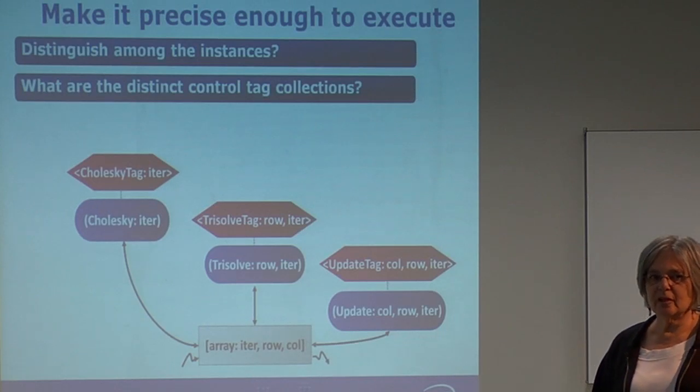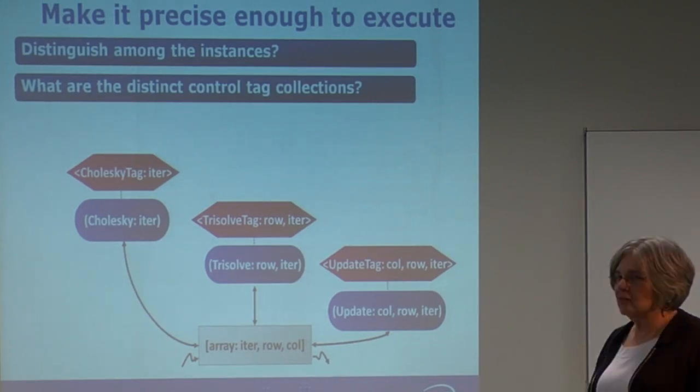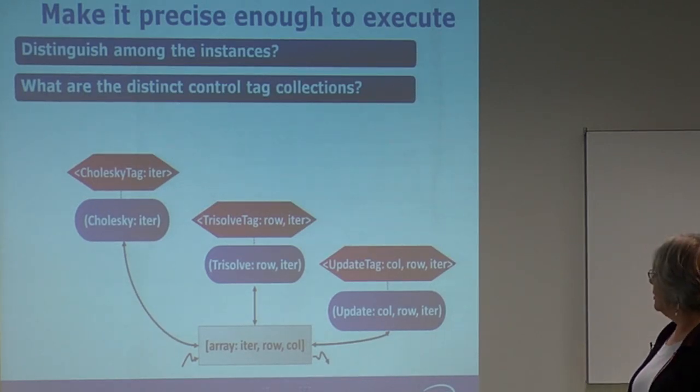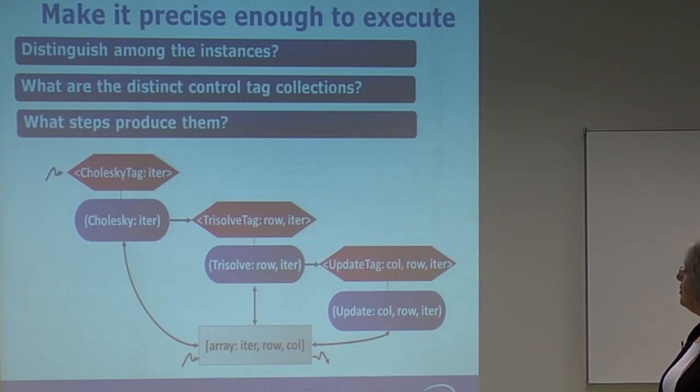And we'll see some of those later. But in this case, we have a collection for each. So what steps produce these? In this case, we have the iteration space for Cholesky coming from the outside, the iteration space for the Trisolve being produced by Cholesky, and the iteration space for the update being produced by Trisolve.